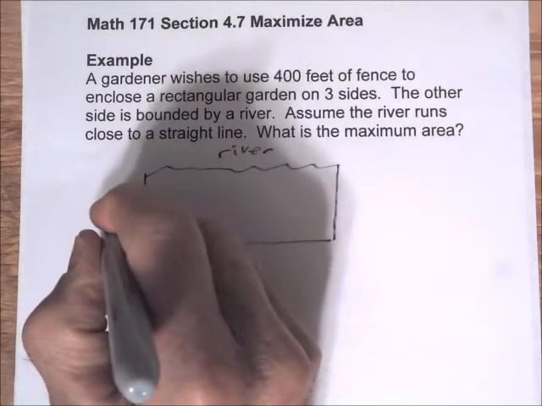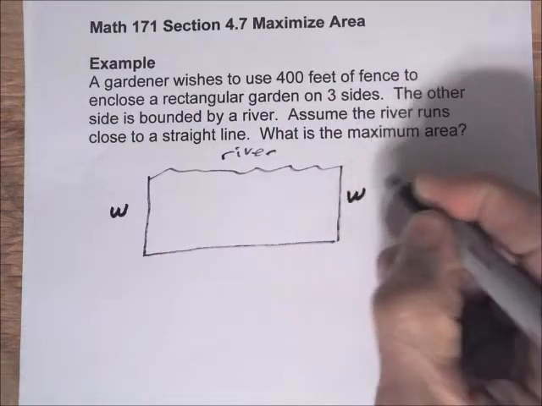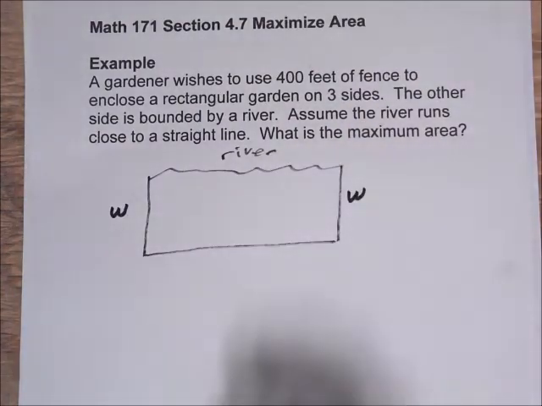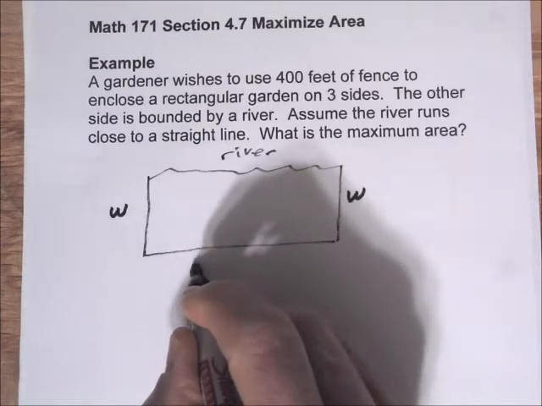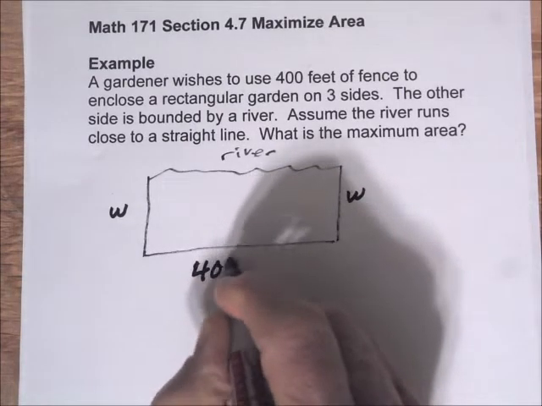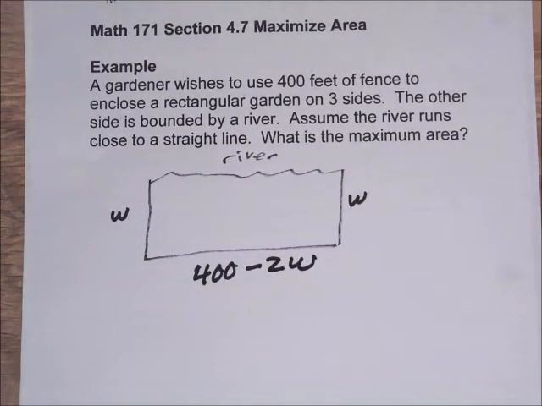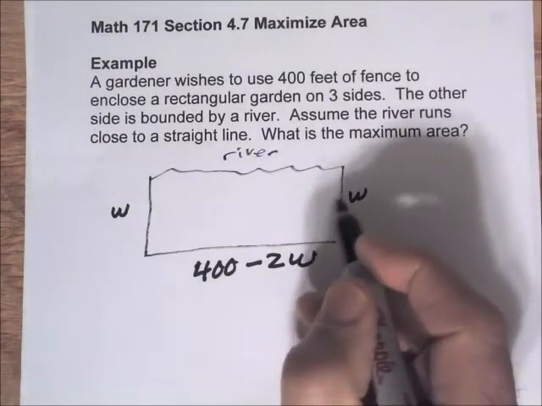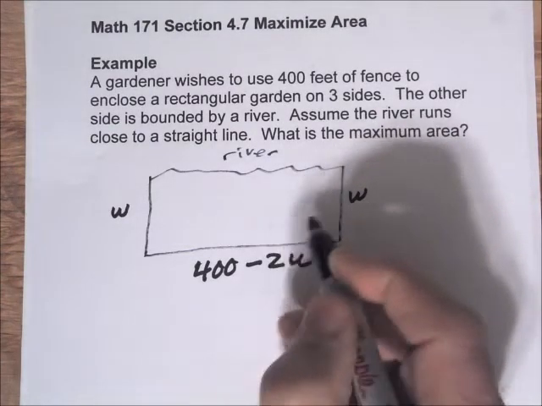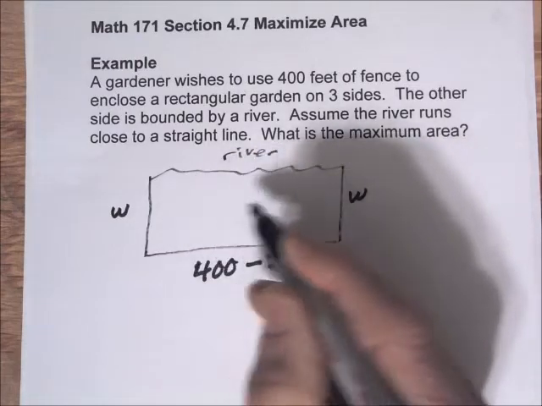So we can call this side W, and it's a rectangle, so the opposite side will be W, and this other side is going to be 400 minus 2W, because we have 400 feet of fence altogether, and we're subtracting the two other sides.